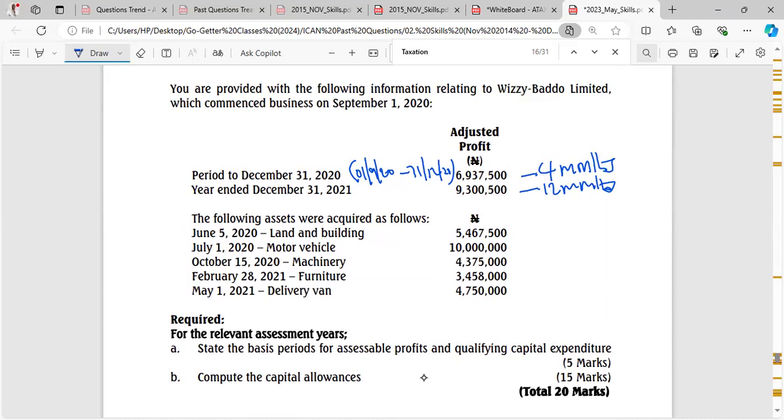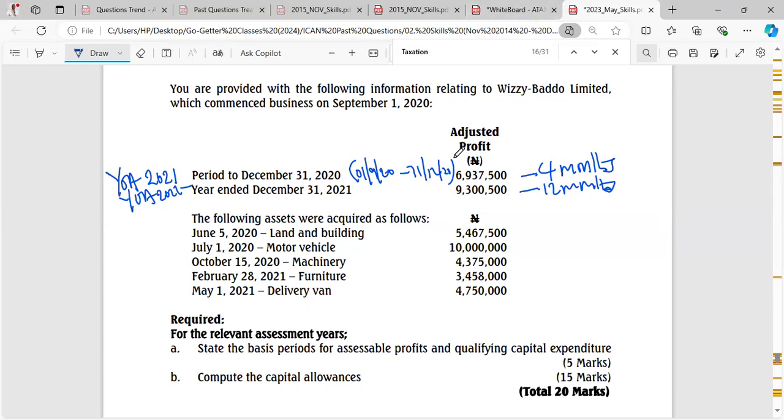So this is year of assessment 2021, and this is year of assessment 2022. So we are going to be dealing with year of assessment 2021 and 2022 as our relevant years of assessment.